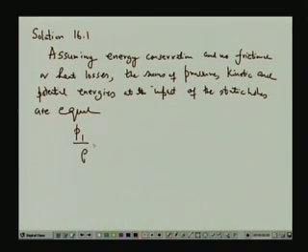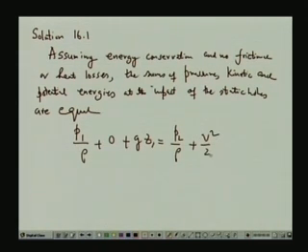P1 by rho plus 0 plus g Z1 equals P2 by rho plus V2 square by 2 plus g Z2. So, P2 is the static pressure and this is the stagnation pressure. Obviously, P1 will be greater than P2, where Z1, Z2 are the elevations of the holes above the bottom levels, that means the static hole and the stagnation hole.